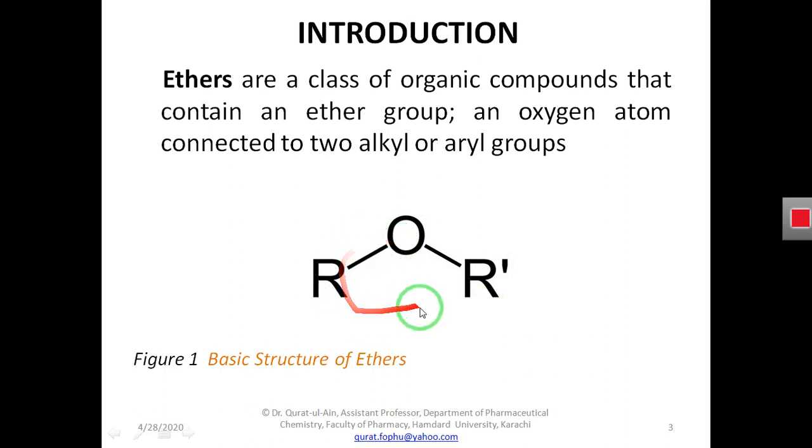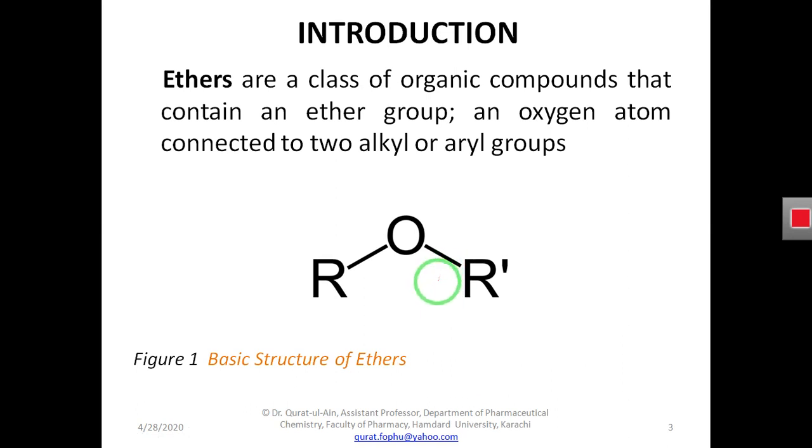This is a functional group, and it has an oxygen atom attached to two other alkyl or aryl groups. So if a functional group contains an oxygen atom attached to two other alkyl or aryl groups, we term this functional group the ether group.